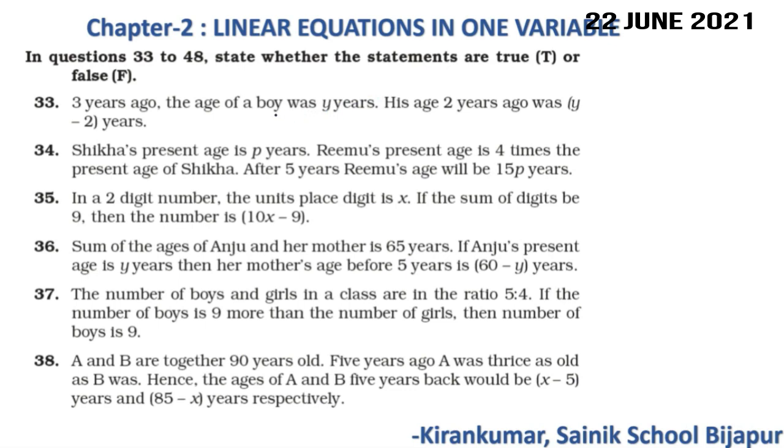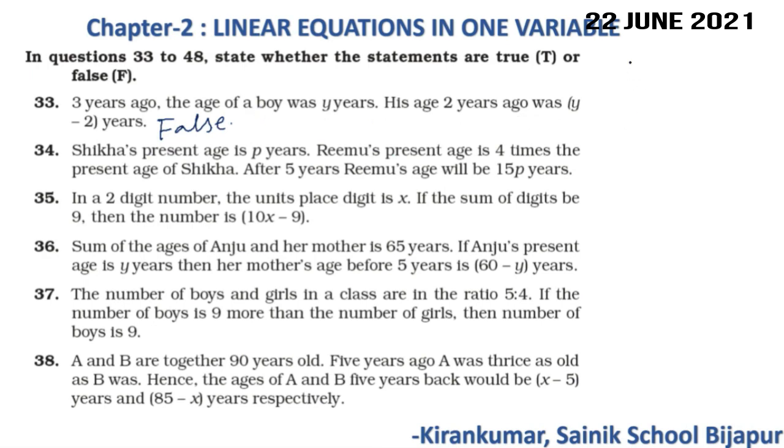Question 33. 3 years ago, the age of a boy was y years. His age 2 years ago was y minus 2 years. This particular statement is a false statement.